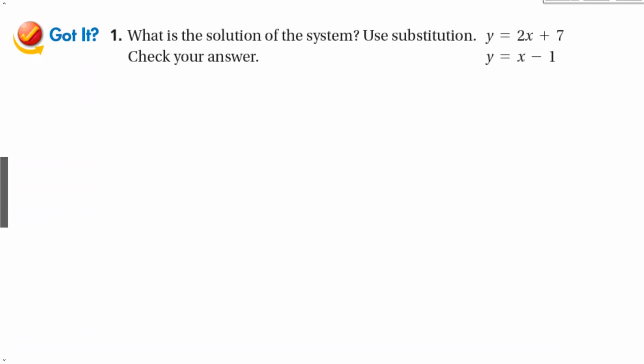Let's look at a got it problem. Use substitution. y is equal to 2x plus 7, and also y is equal to x minus 1.